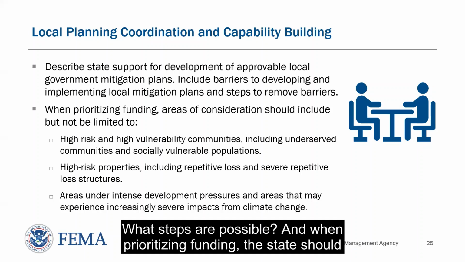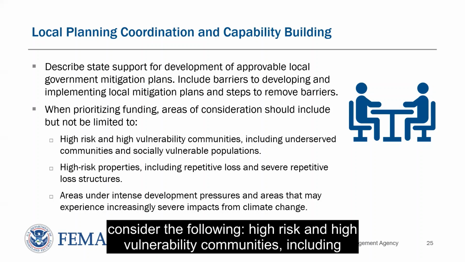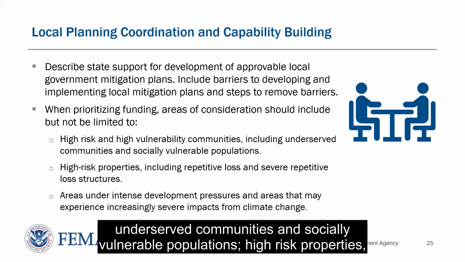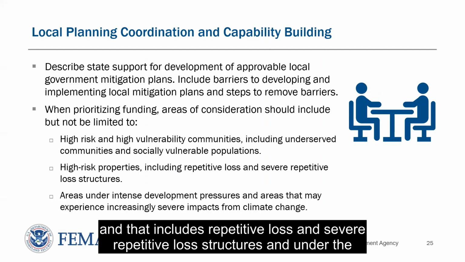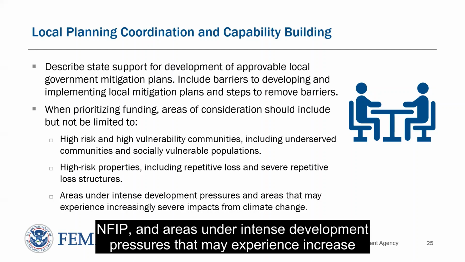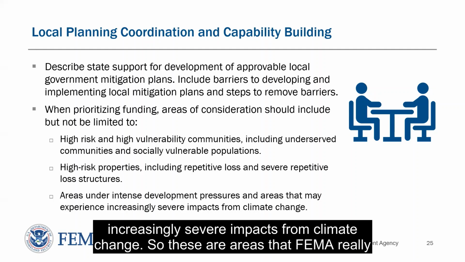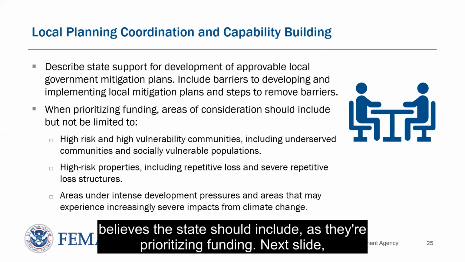And when prioritizing funding, the state should consider the following: high risk and high vulnerability communities, including underserved communities and socially vulnerable populations; high risk properties, and that includes repetitive loss and severe repetitive loss structures under the NFIP; and areas under intense development pressures that may experience increasingly severe impacts from climate change. So these are areas that FEMA really believes the state should include as they're prioritizing funding.